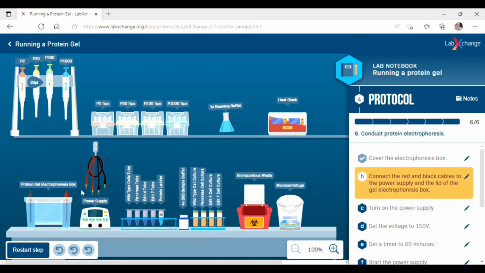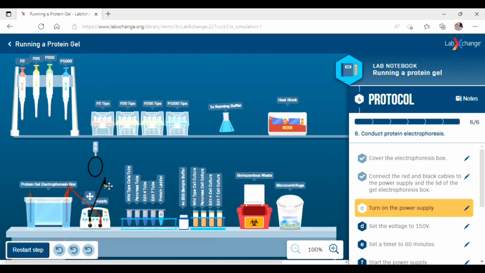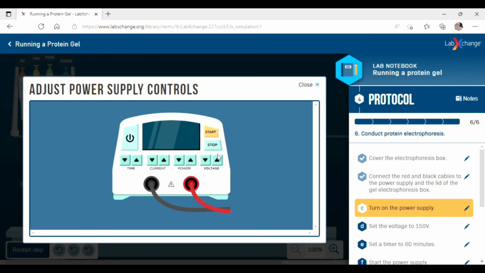Okay, next, connect the red and black cables to the power supply and the lid of the gel electrophoresis box. Make sure to connect the cables to the right place, which is red with red and black with black. Now we can turn on the power supply.